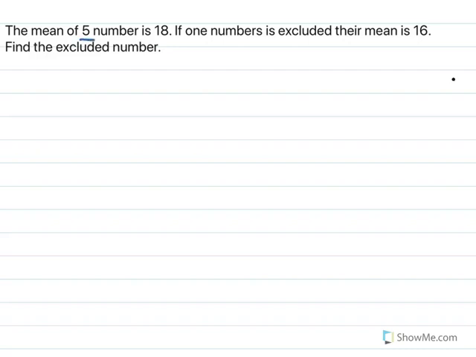The mean of 5 numbers is 18. So mean equal to 18. Number of observations equal to 5. So we know the mean and number of observations. We can find the sum.